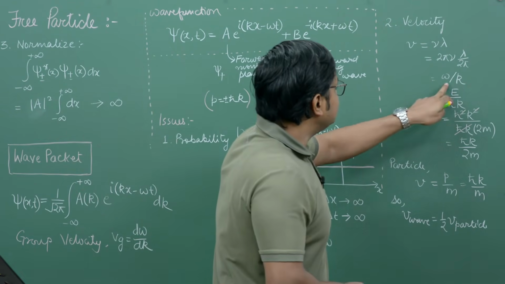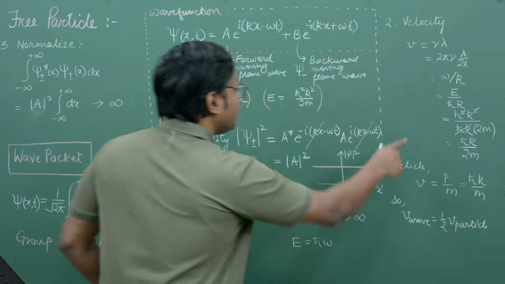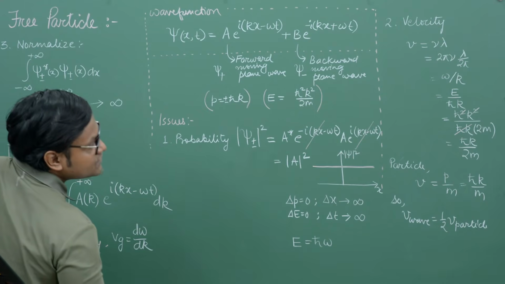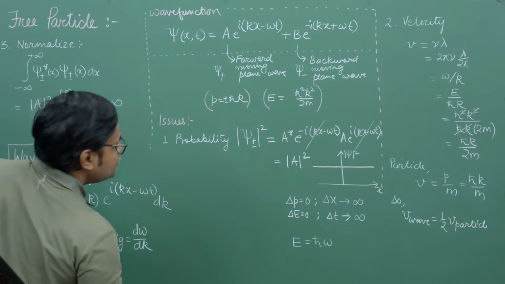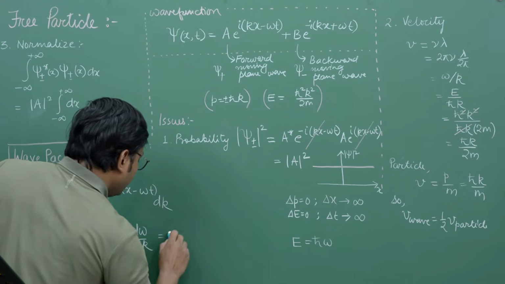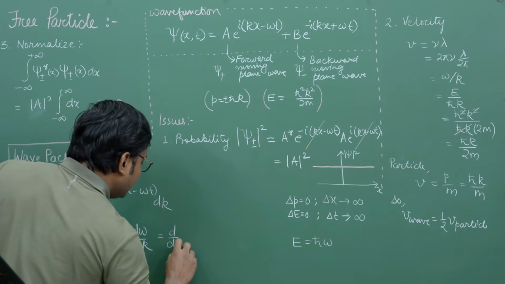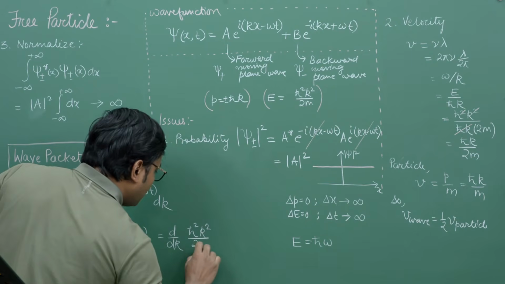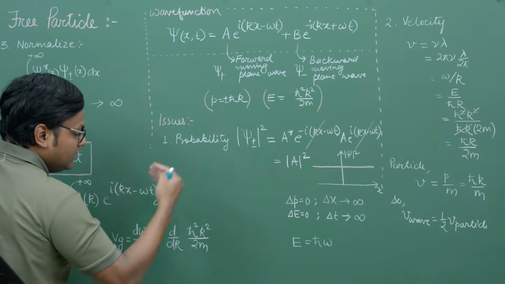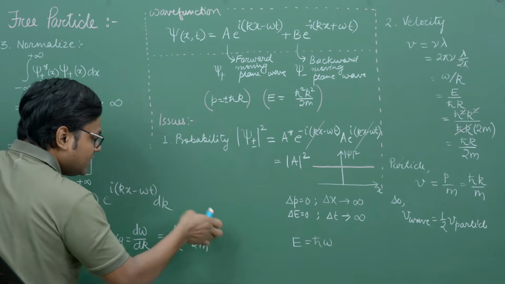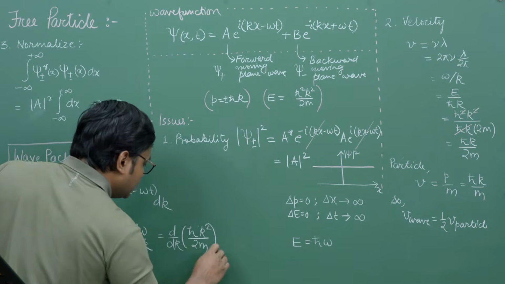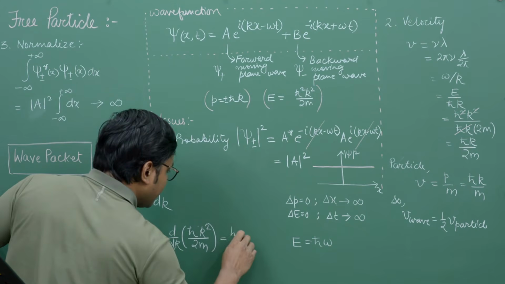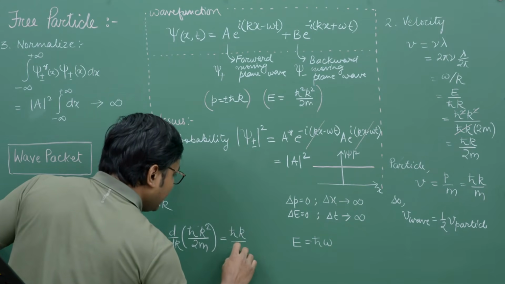Omega is equal to E upon h cross, and E is equal to h cross square k square upon 2m. So this comes out to be d upon dk of h cross square k square upon 2m divided by h cross. If I do a derivative with respect to k, 2 will get cancelled, and I will end up getting h cross k upon m.